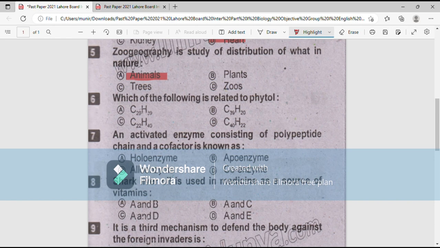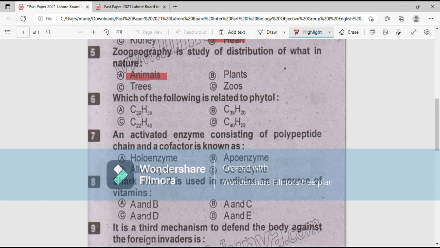Moving towards the sixth: which of the following is related to phytol? Phytol is the tail of a chlorophyll molecule, and you know that it is a hydrocarbon tail, and its formula is C20H40O, which means the total number of carbon is 20, the total number of hydrogen is 40, and the total number of oxygen is 1 in the phytol molecule.